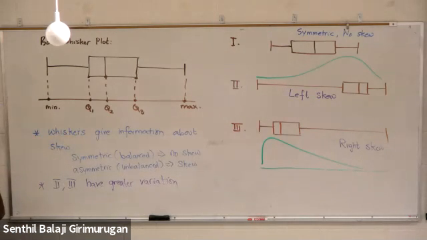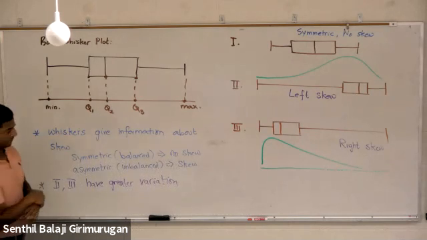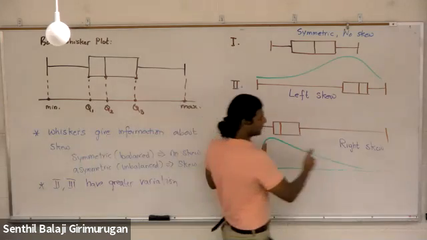Right. What else? I'd say there are potential outliers to the right from the right skew. Therefore, the range between everything is larger. So there's more variation in that case. Good. So there's a wider range.